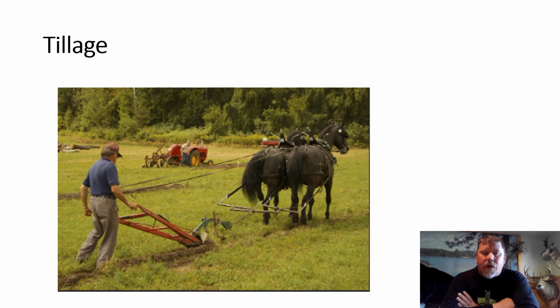The O horizon also provides the organic matter that's going to break down, add that humus to the soil, and feed the microbes, as well as being that protective layer that reduces water from evaporating and leaving us with a system that doesn't have enough moisture in the soil.